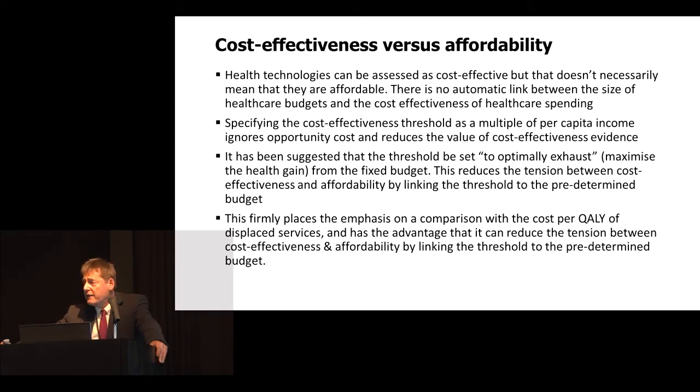Now, if you do this, this greatly reduces any tension between cost effectiveness and affordability, because this approach links the size of the budget to the availability of cost-effective opportunities for spending that budget.